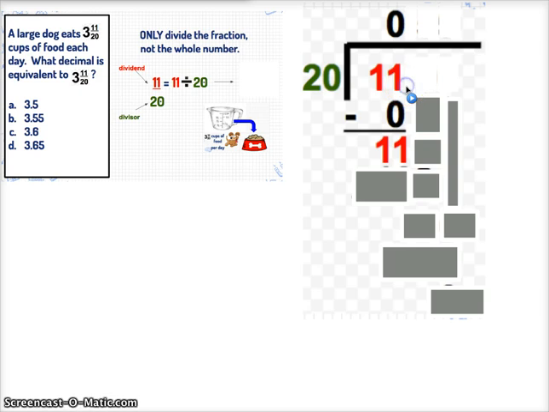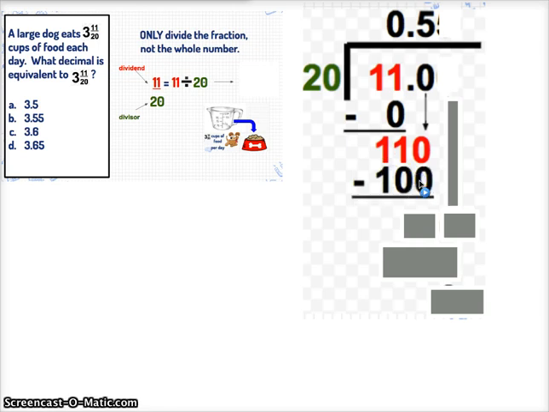I rewrite 11 as 11 and 0 tenths and bring down the 0 to make my new dividend, which is 110. So 20 goes into 110 5 times. 5 times 20 is 100. And when I subtract, I have a remainder of 10.